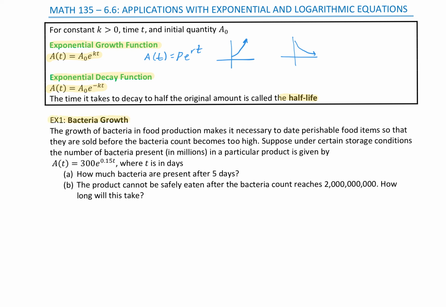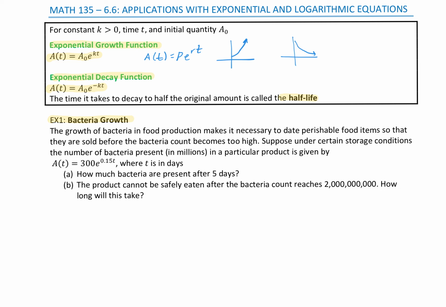Oftentimes this affects food production. So you know that we have perishable items with use by or sell by dates. And that's because they're perishable, and oftentimes the bacteria becomes too high after a certain amount of time, so we can no longer serve that product because it may spoil.